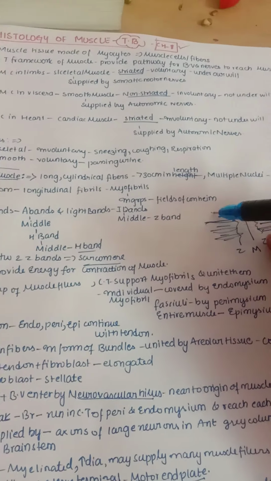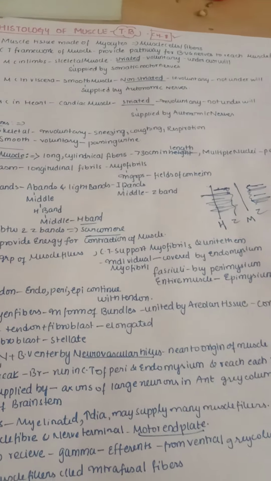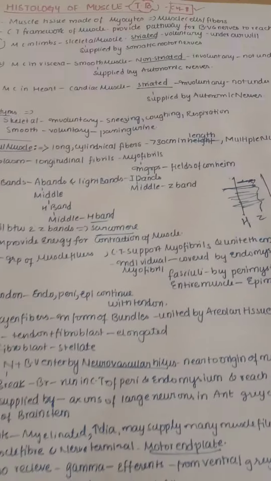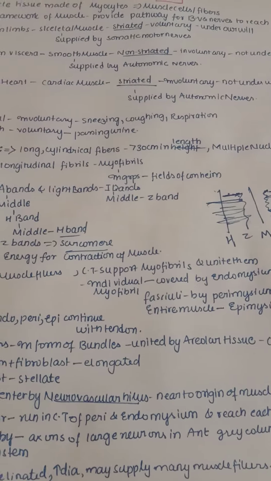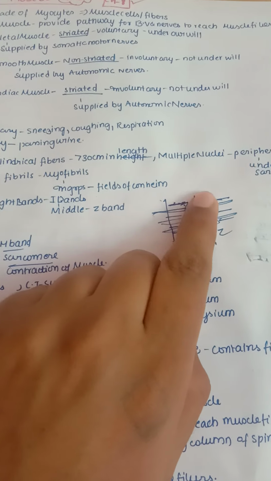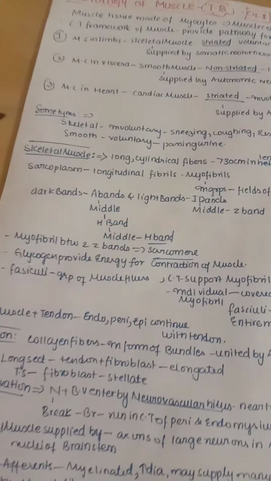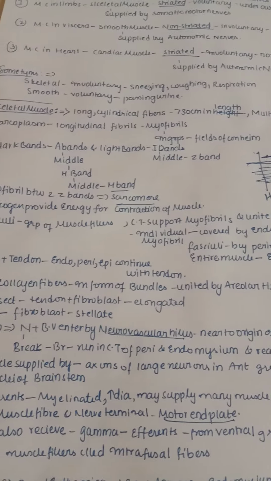In middle they are having one line, that is nothing but our H line. And the light bands are I bands, in their middle having a Z band. So these are I bands, right? These are light bands which are forming the Z band, right? Dark bands are forming the H line. So remember that. And next, myofibril between two Z bands is known as sarcomere, as we said.